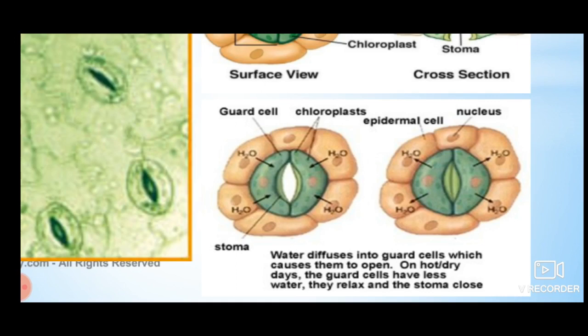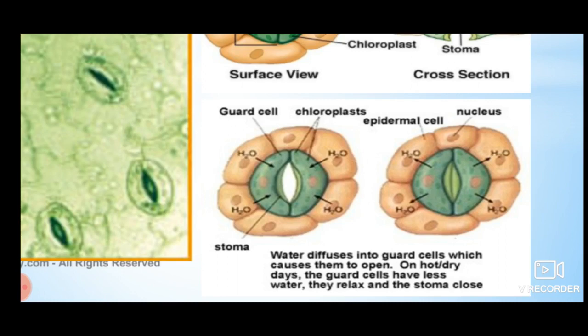During the daytime, the process of evaporation begins. At that time only, the guard cells open because of evaporation. After the daytime, after the completion of the day duration, evaporation reduces as time moves on.